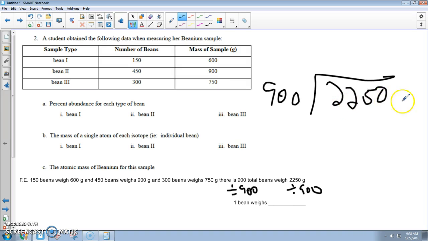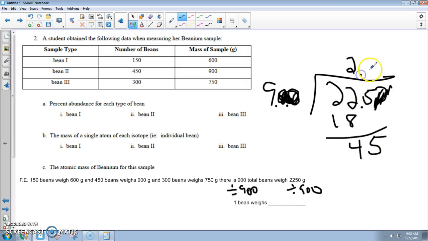We could do 225 divided by 90, or we could do 22.5 divided by 9, which is probably what most people would rather do in their long division. So 9 will go into 22 twice, which makes 18. Carry the 4 down, bring the 5 down. Here's my decimal. 9 goes into 45 5 times. So the average bean weighs 2.5 grams.